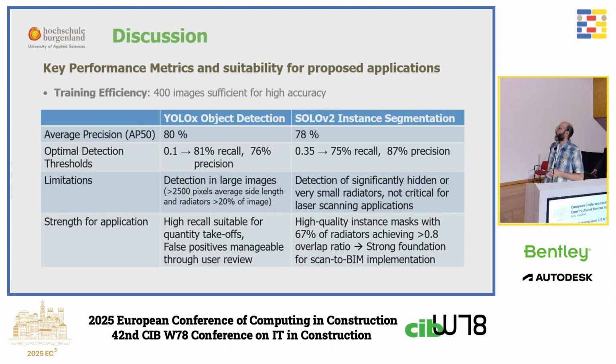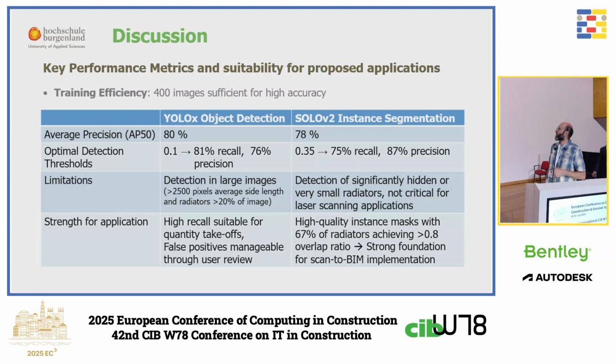You have examples here. If we decrease the detection threshold, we see many more false positives, many more wrong detections. So to sum up the results, in the end we can have a very high recall with our object detection algorithm, if we make sure that we don't have too large images, and we can also rely on user review to manage the false positives.